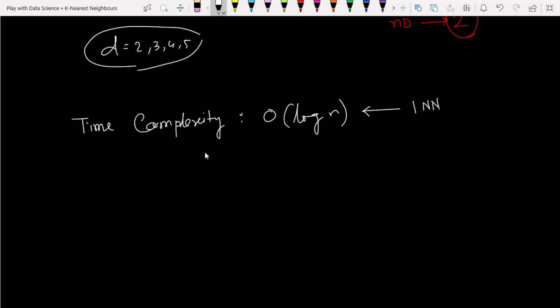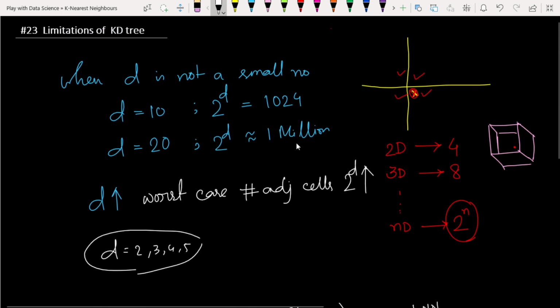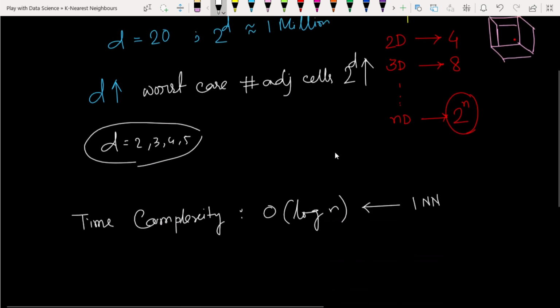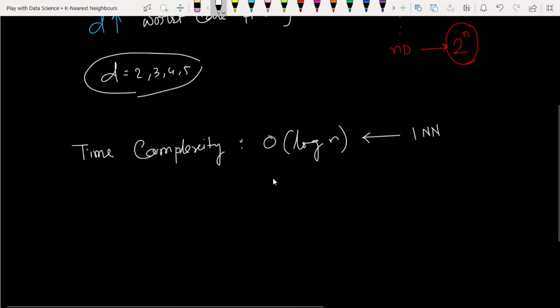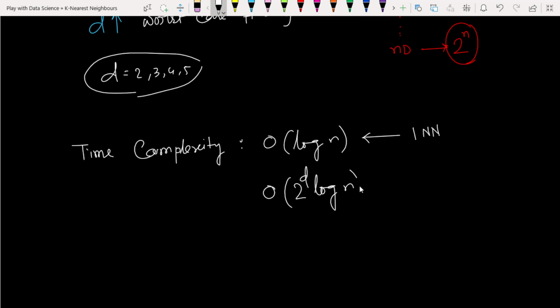And for the worst case, it increases by 2 to the power D. If we consider d-dimensional space, it will be converted into 2 to the power d into log n.